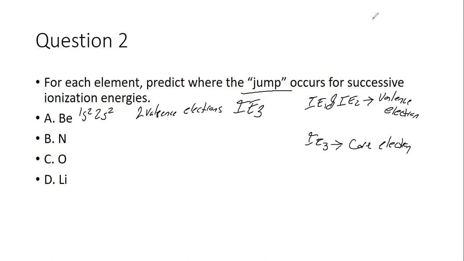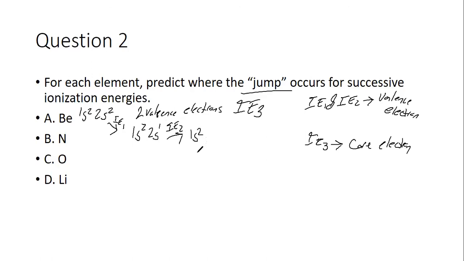So question, why is it IE3 and not IE2 if it's the valence electrons? Because IE3 is when I take away a core electron. Ionization energy 1, so IE1, is when I remove 1 valence electron. And so the energy for that is relatively low. Ionization energy 2 is when I remove the second valence electron.